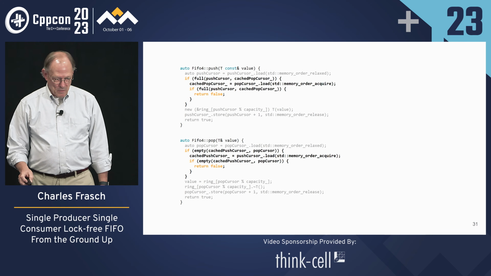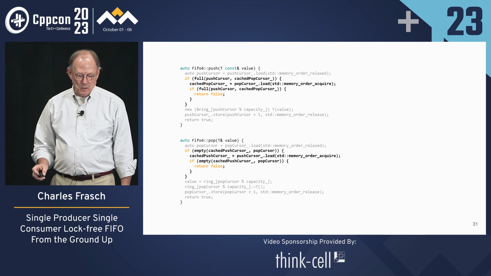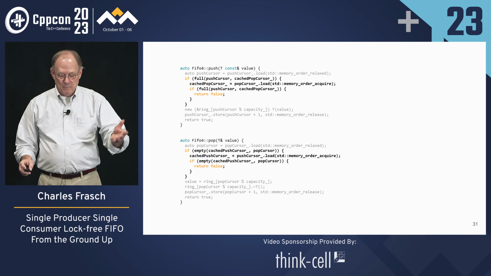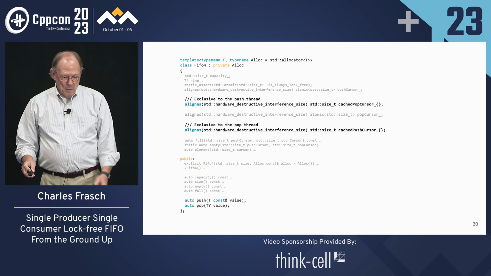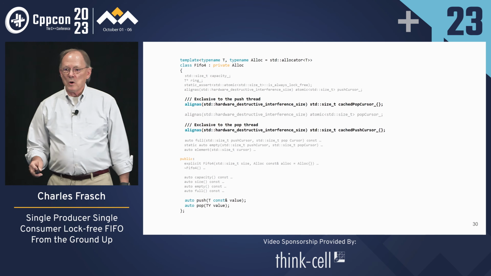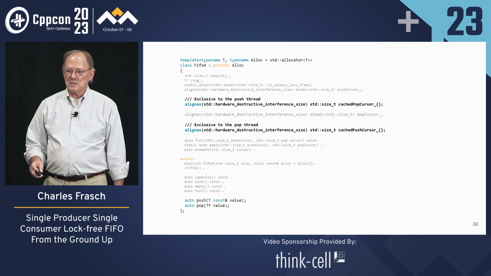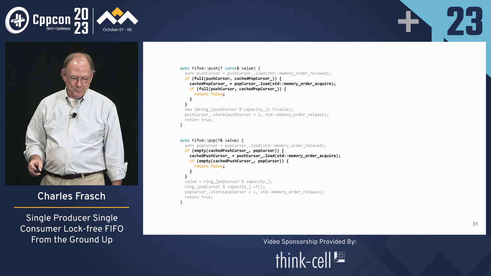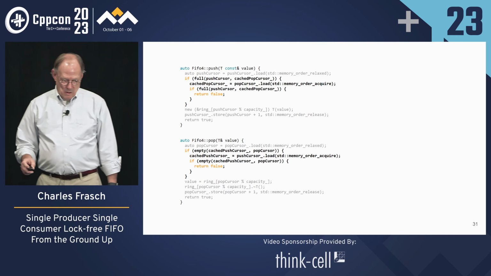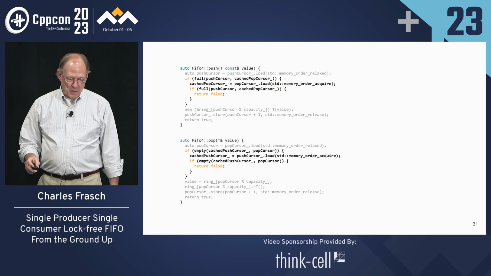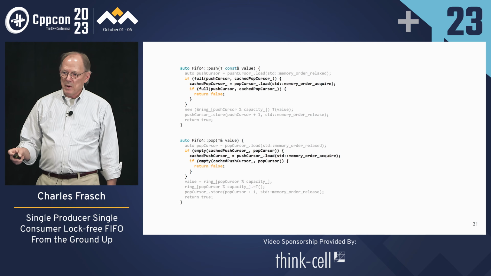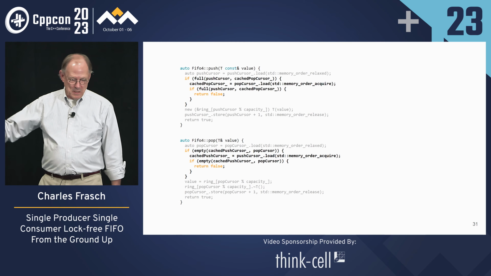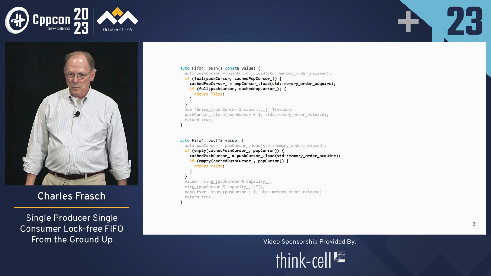But we do need to revise our push and pop operations a little bit. The way it works is that, of course, those cursors were all initialized to 0 when the FIFO was created. So when we want to push a value, we get our push cursor and we compare it with the cached pop cursor. If it's not full, we continue with the rest of the operation.